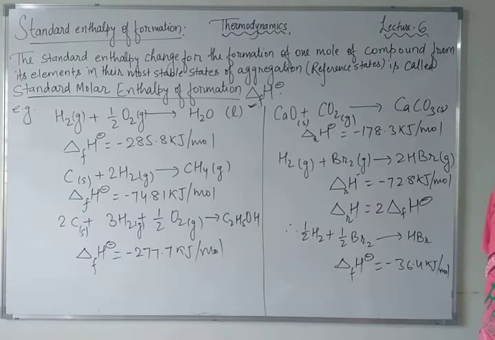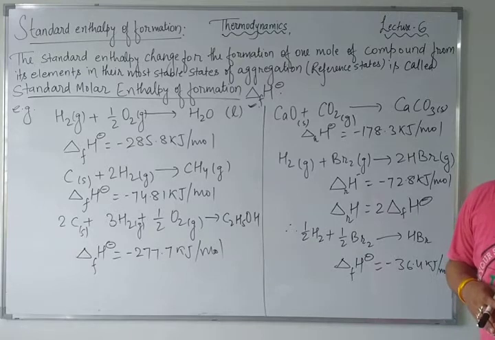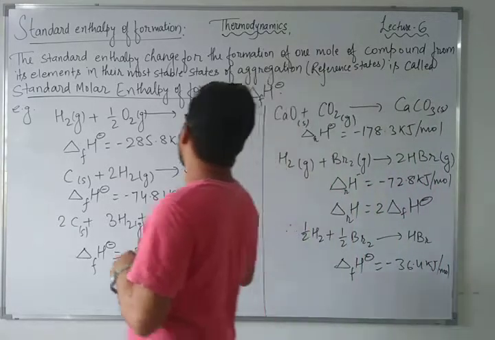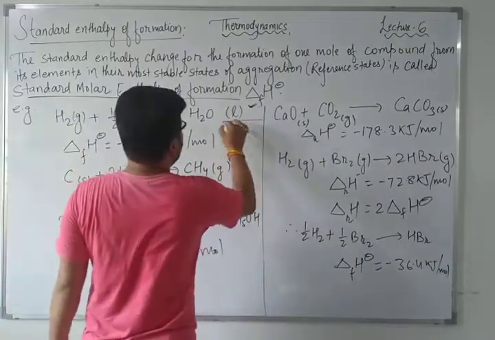The elements have standard states, the most stable states of aggregation, and the reference state of an element in the most stable aggregation is 25 degrees Celsius and 1 bar pressure. Here remember, you can ask me, sir, what will this standard be?